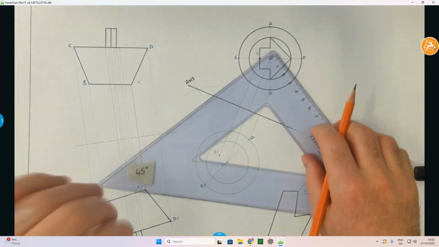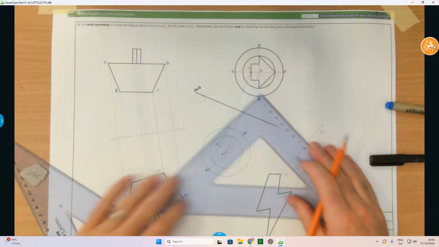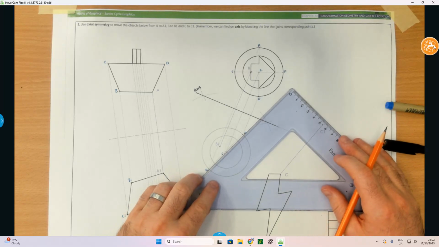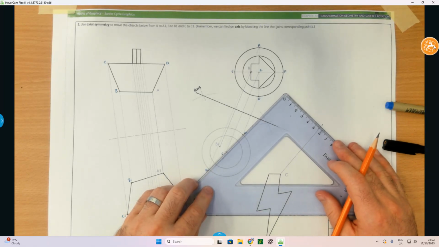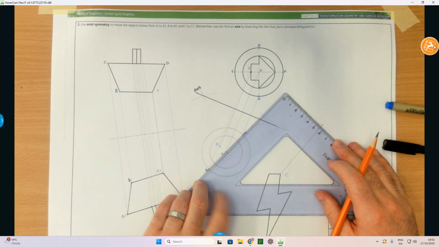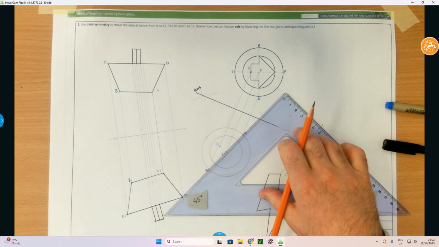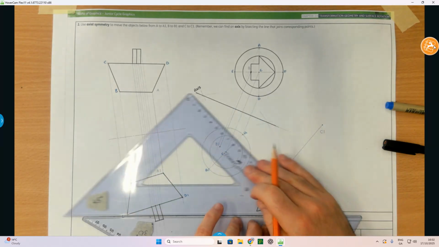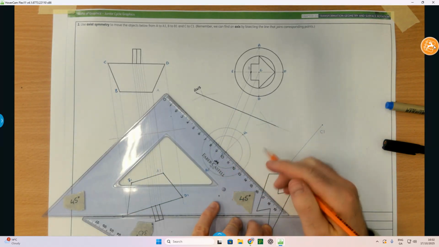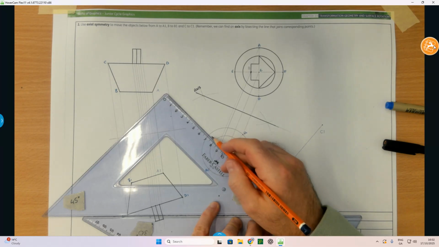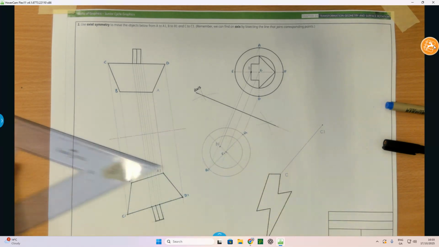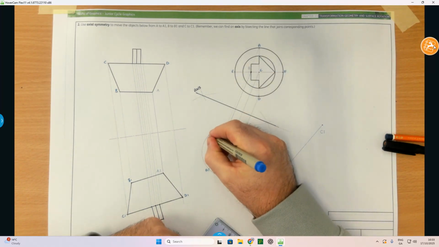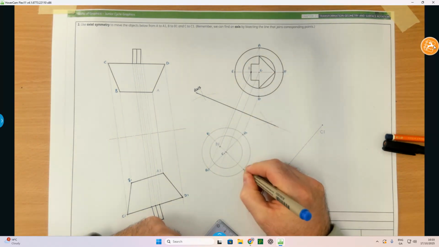So if you take your 45-degree set square, and I want to go perpendicular to that line, if you put this side of the 45-degree set square on it, and I put it on the line that I already have, and then take your set square and slide it across the opposite way, we can now go perpendicular. And now I can go like this. So technically, if I follow D out, it should end up hitting here. Call it E1. This should be F1.